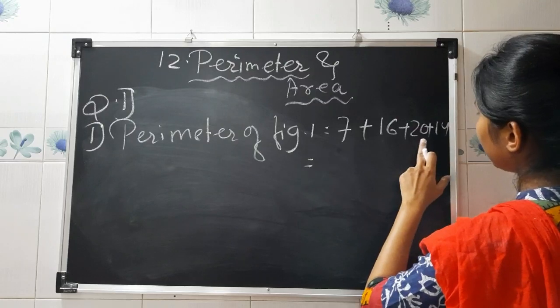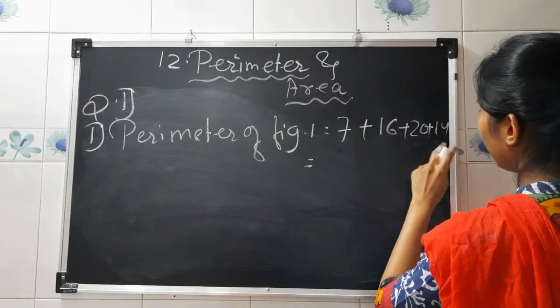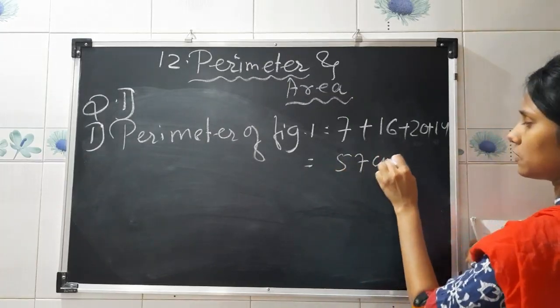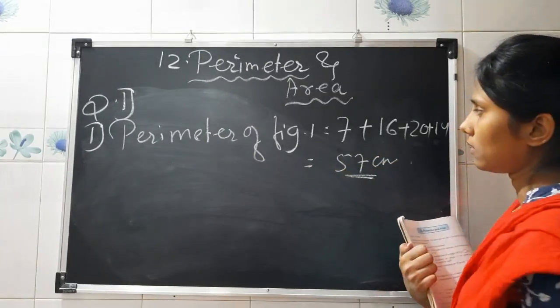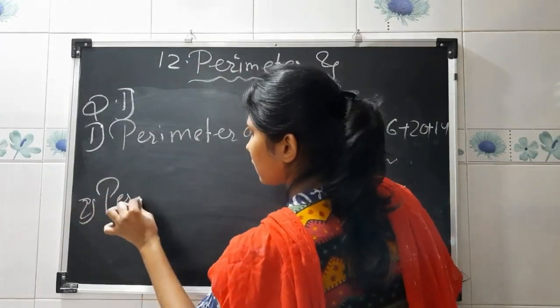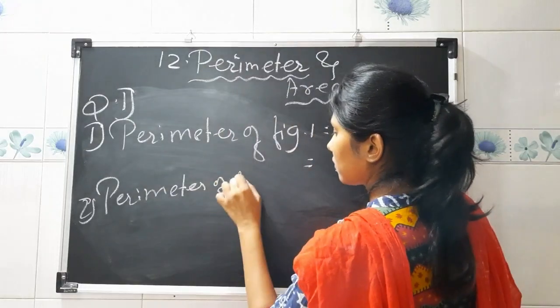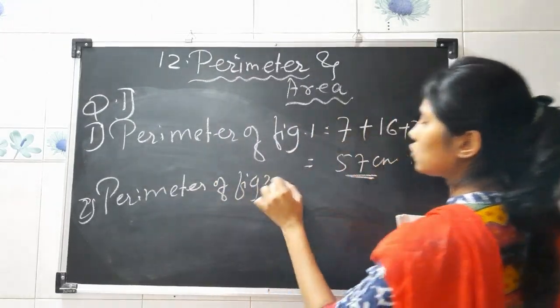16 plus 7 is 23, 23 plus 20, 43, 43 plus 14, 57 centimeter. Next, perimeter of figure 2.